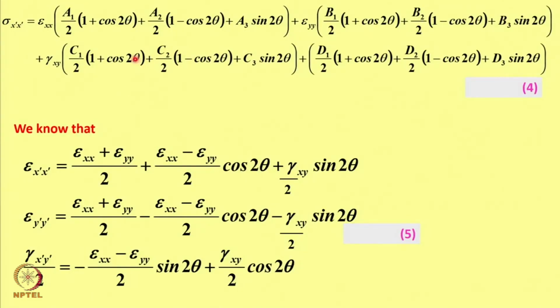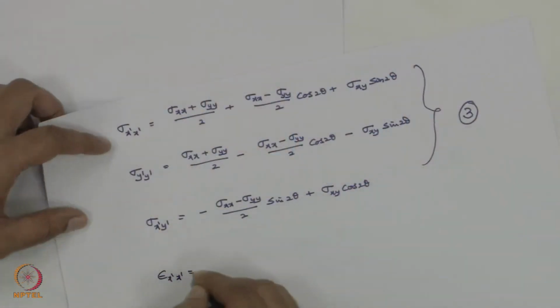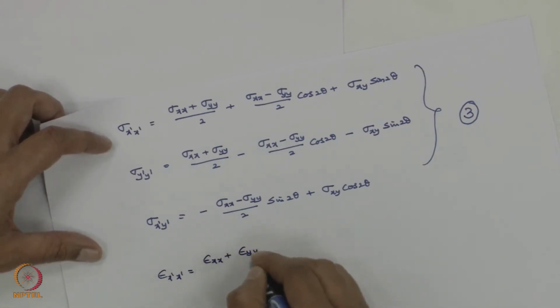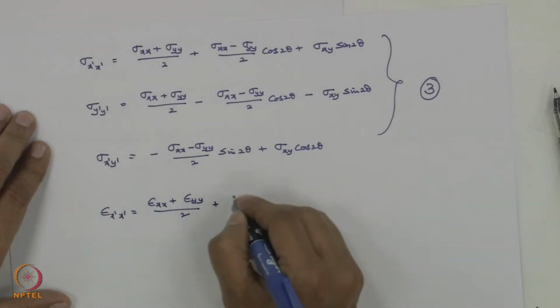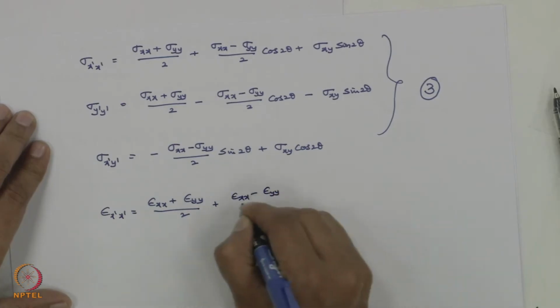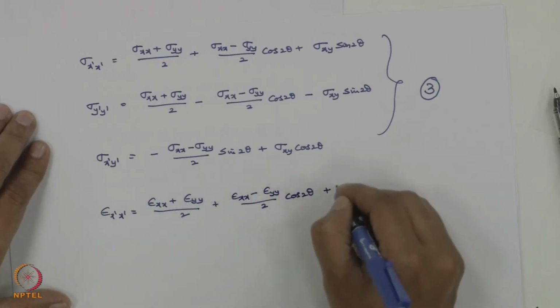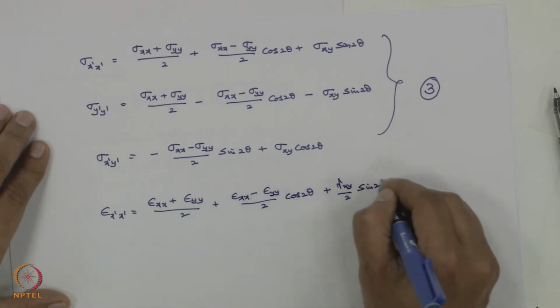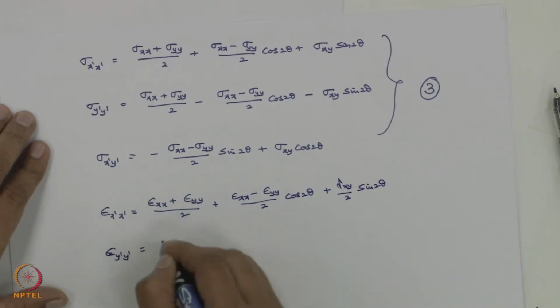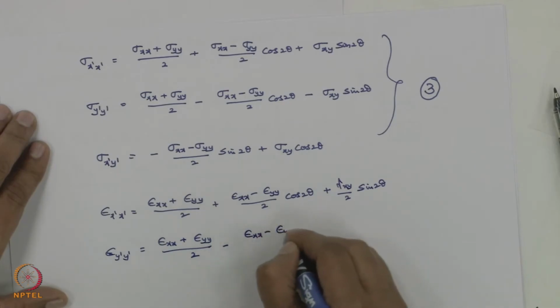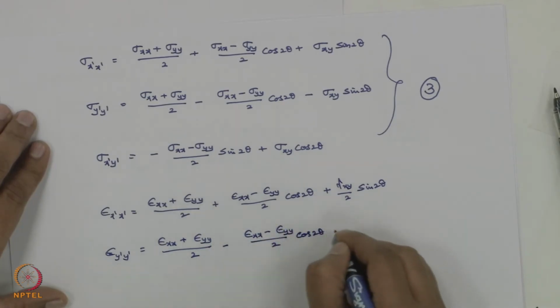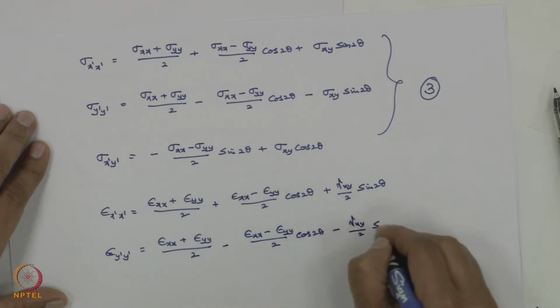Now, similar to sigma xx, for strain we also know that epsilon x prime is equal to epsilon xx plus epsilon yy by 2 plus epsilon xx minus epsilon yy by 2 cos 2 theta plus gamma xy by 2 sin 2 theta, and epsilon y prime is equal to epsilon xx plus epsilon yy by 2 minus epsilon xx minus epsilon yy by 2 cos 2 theta minus gamma xy by 2 sin 2 theta.